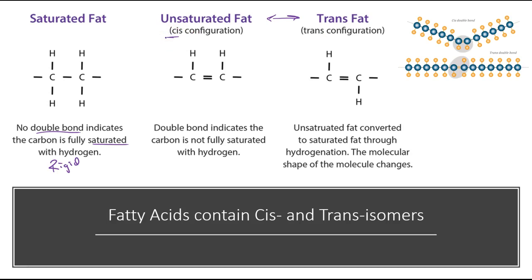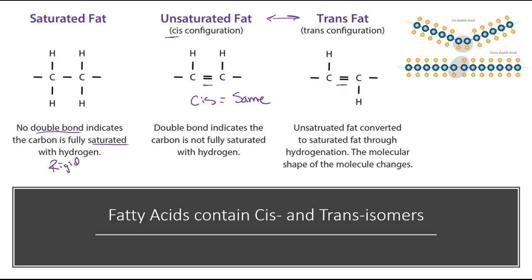So what that means is both of these are unsaturated, meaning they have a double bond, but depending on which side of the carbons in this double bond the hydrogens are on, indicates the configuration of that particular unsaturated fat. So cis, I remember cis, I know it starts with a C, but it sounds like the S sound, and so cis is same.